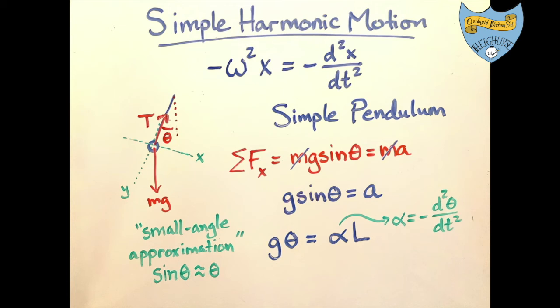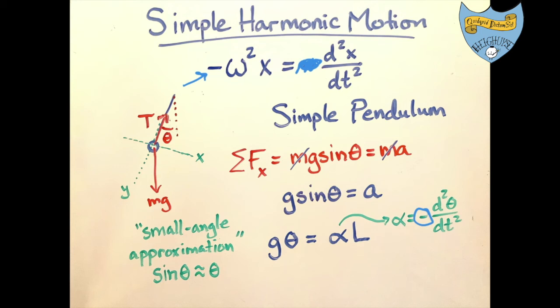Okay, only a little bit left to do. We just need to replace alpha with the second derivative of theta. Wait a minute, there's a negative sign here. Now remember, you have to have a negative sign in order to make this work. There has to be a negative there. And our defense of why it needs to be there is not just because I need it.